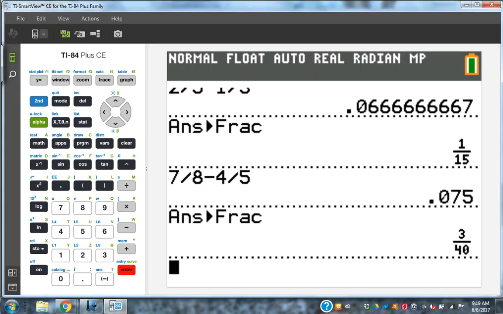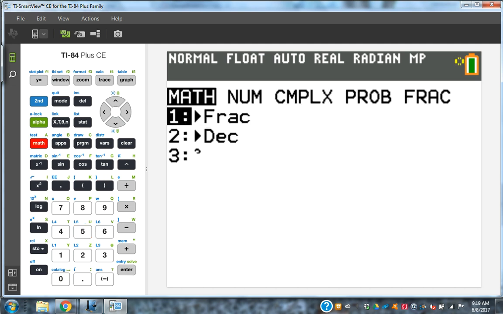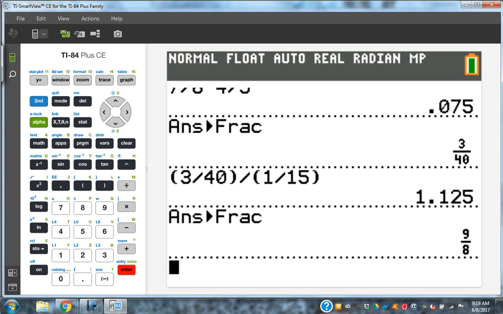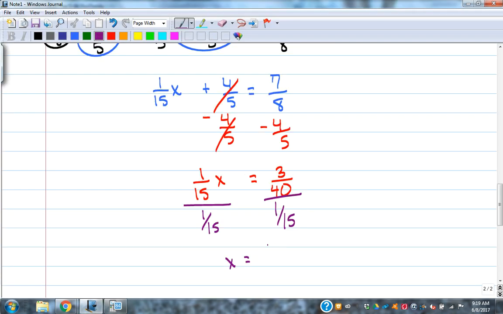And again, parentheses are your friend when you're dividing fractions. Math, enter. 9/8. So don't forget, when you put this in the calculator, do parentheses. That will save you a major hassle.